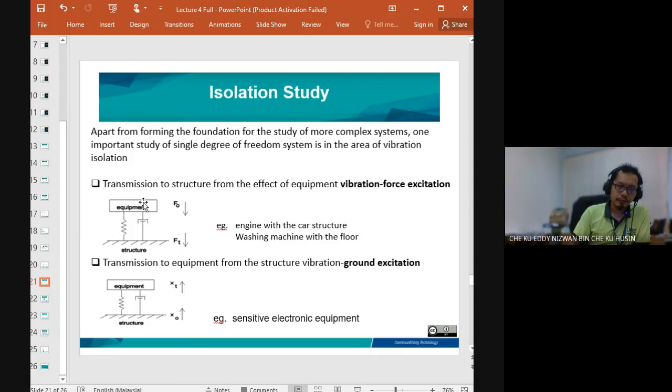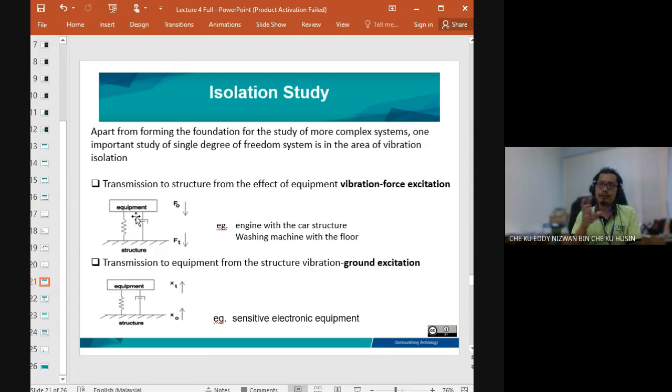Okay, so when the equipment is in running conditions, especially rotating machinery, it induces a force. For example, when you are running the washing machine, you know that the mass is not well distributed from your clothes. So that means it creates an unbalanced situation.